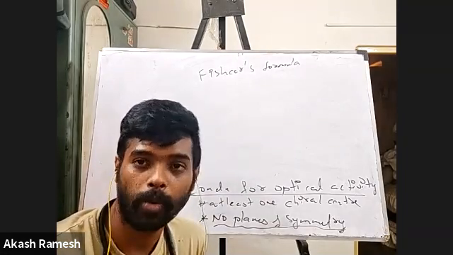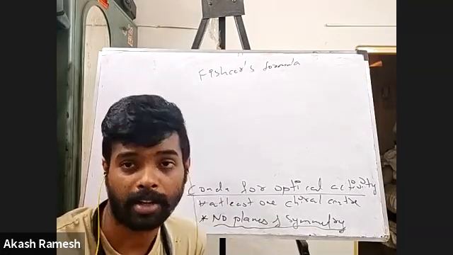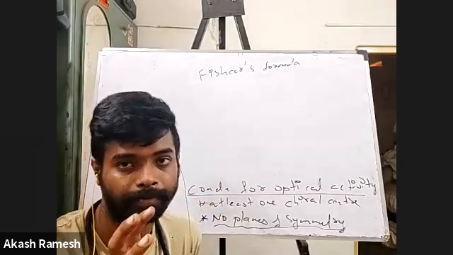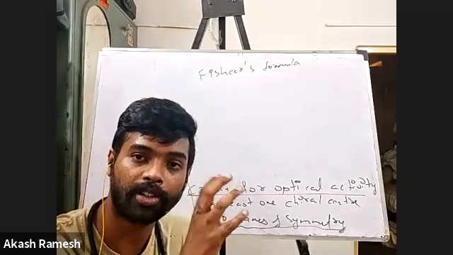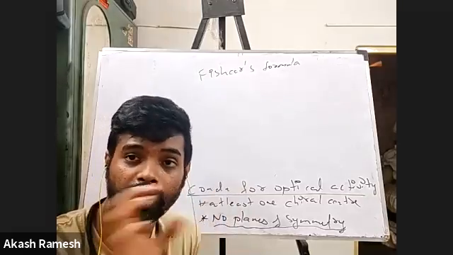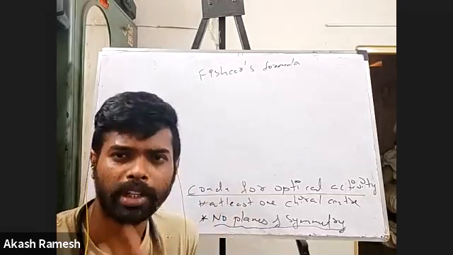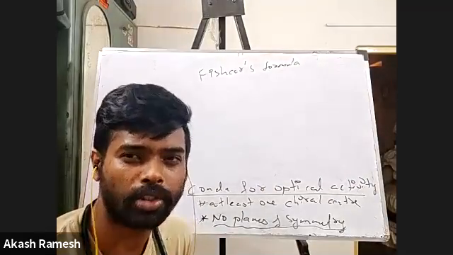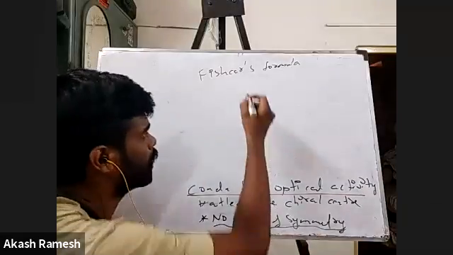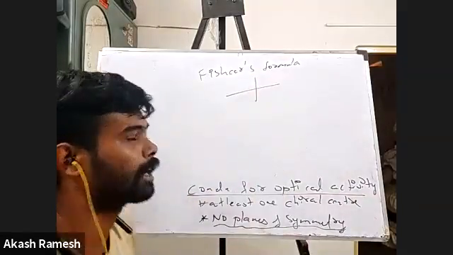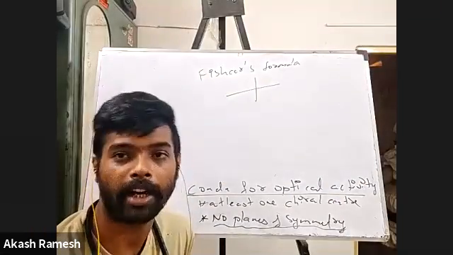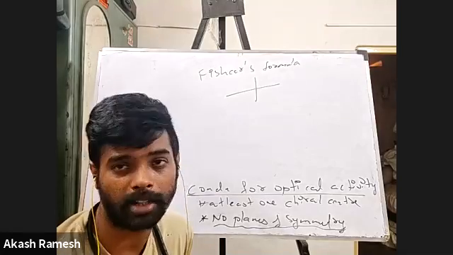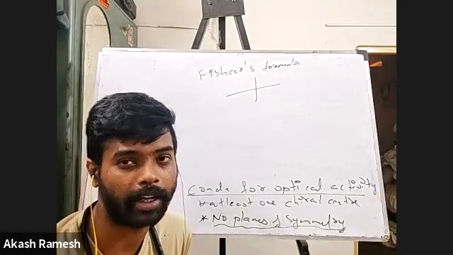So what we do is convert the 3D structure into a 2D structure, and that 2D structure is my Fischer's formula. It uses just two things: vertical lines and horizontal lines. Very simple.